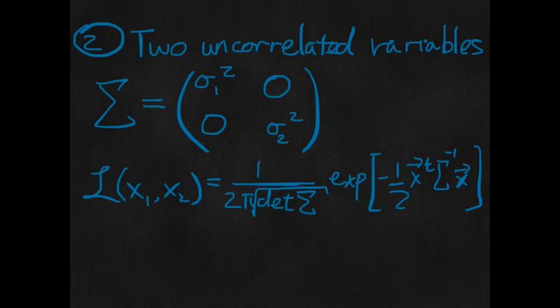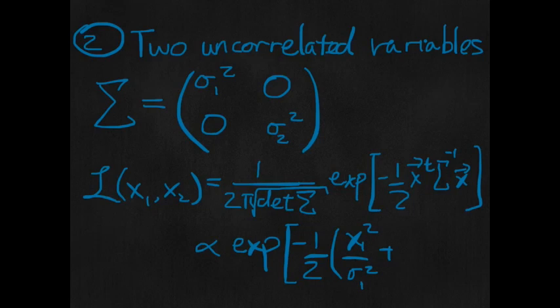And if I actually write out this exponent here, just leaving out the constant factor for now, that's e to the minus 1/2 x1 squared over sigma 1 squared plus x2 squared over sigma 2 squared.